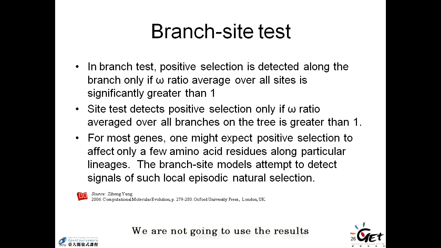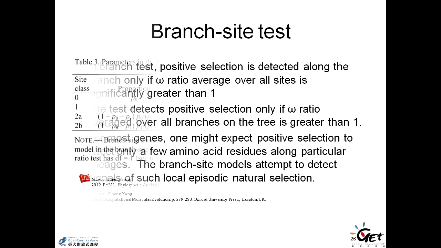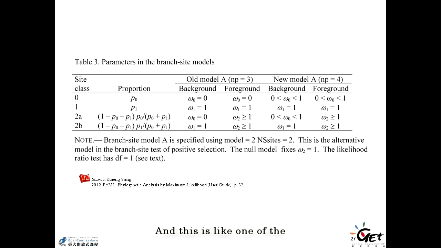We are not going to use the results from the branch site test to say definitely those are the sites under positive selection and make the conclusion. So this is just like, before you do all the tests, I want to understand a little bit more. So that's why some people still use the branch site test to estimate the possible codons under positive selection during evolutionary time.